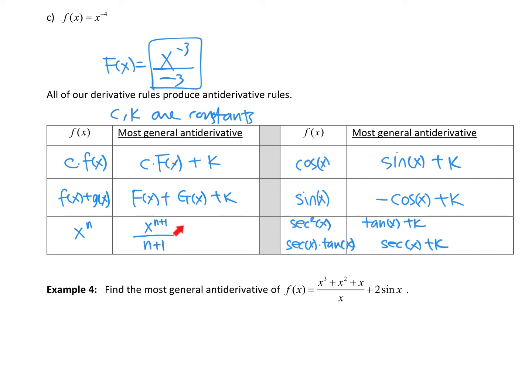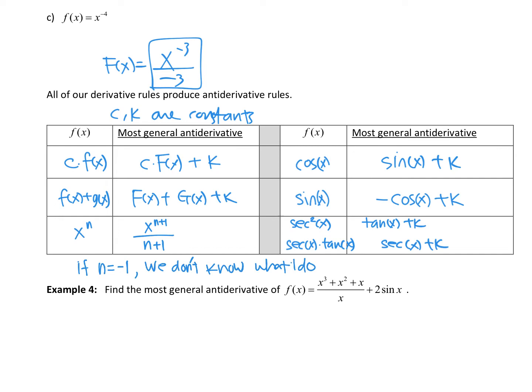Only problem we have here, with this probably most useful one, is that I have n plus 1 on the bottom, so what if n is -1? Then we don't know what to do. The rule doesn't apply.